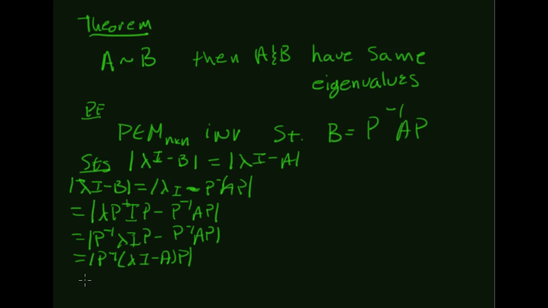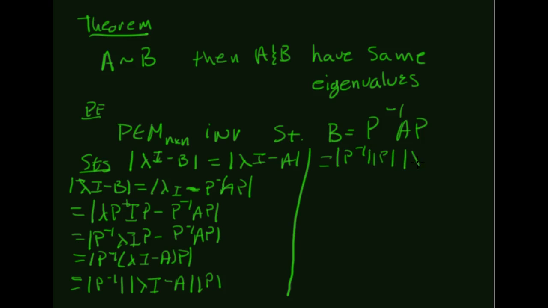We can get that. And then recall that the determinant of a product is equal to the product of the determinants, which now makes all of these things scalars, so I can swap them around by the commutative property. That gives me determinant of P inverse times P times lambda I minus A. At this point, it's just follow your nose.